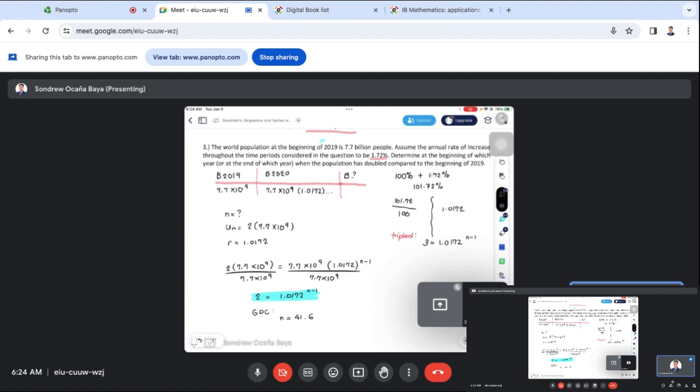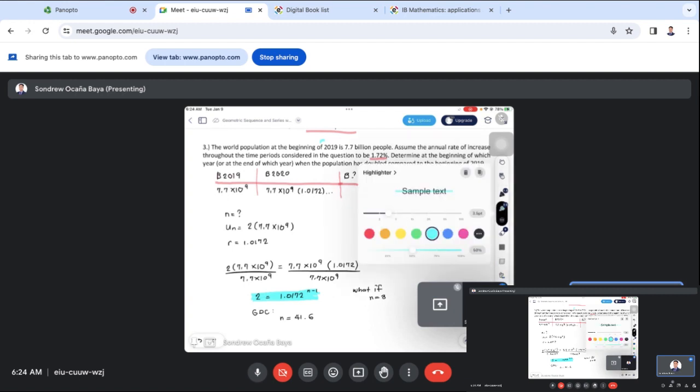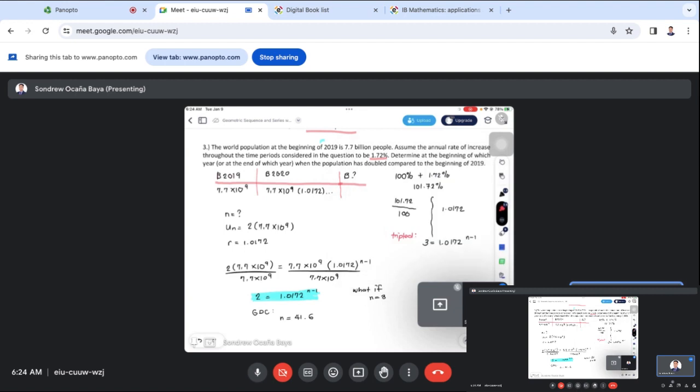Now, for us to analyze clearly, let's try to make use of a smaller number. What if n is 3? Let's use a smaller number. N is 3. So if n is 3, that means in which year will the population be doubled? In this particular value of n, we do include 2019.